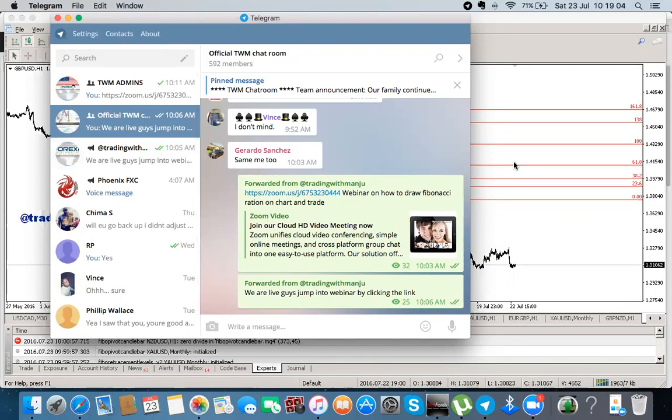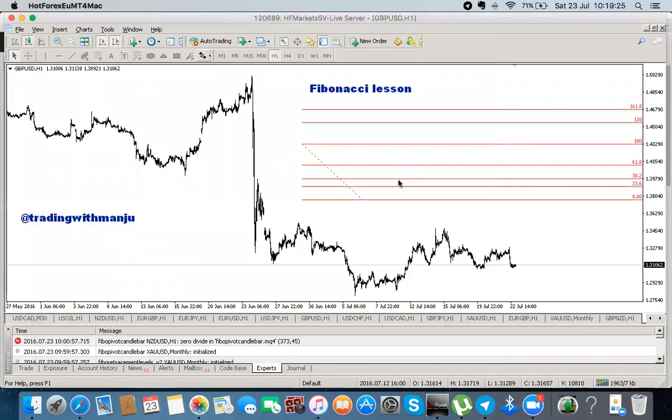So we're going to talk about Fibonacci ratios, and how to draw them, and how to use them as support and resistances, and how important it is when we reach certain levels or ratios on the chart, and how to understand the market. First of all, I'm going to use two platforms.